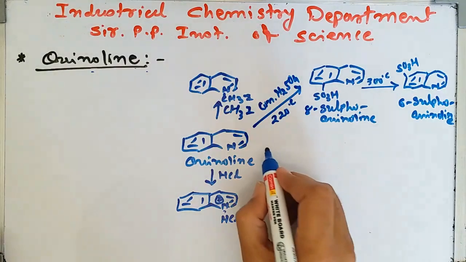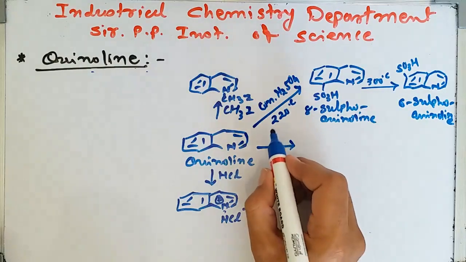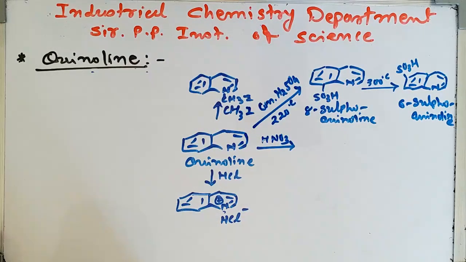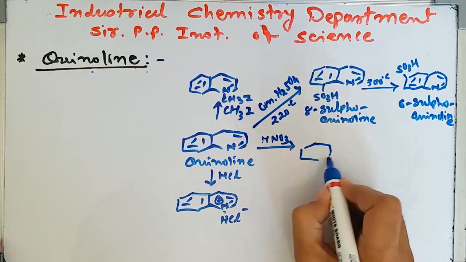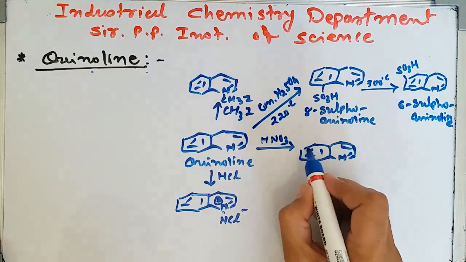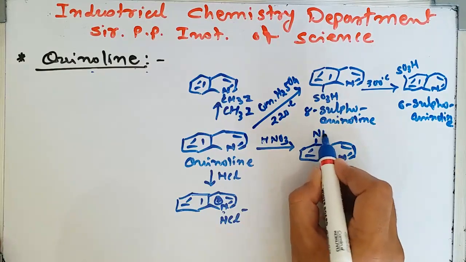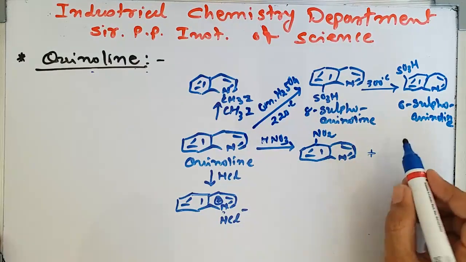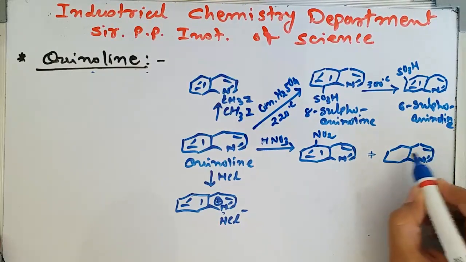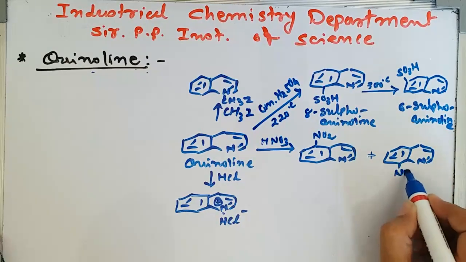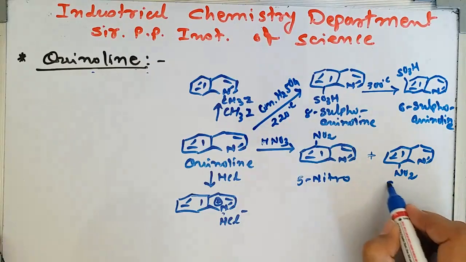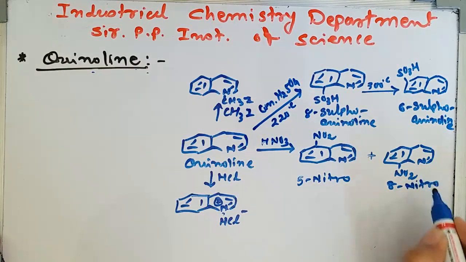With the help of nitrating mixture, concentrated HNO3, we get 5-nitro and 8-nitro quinoline.